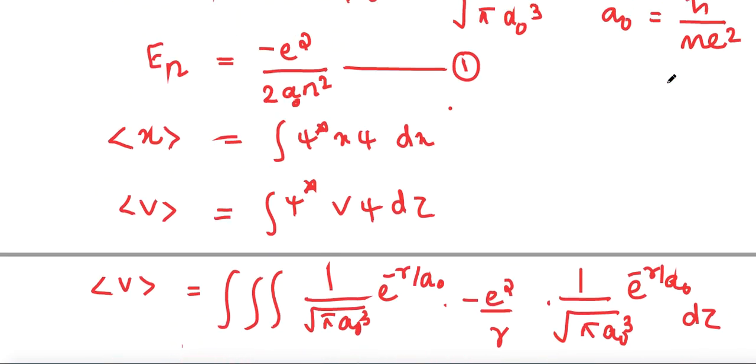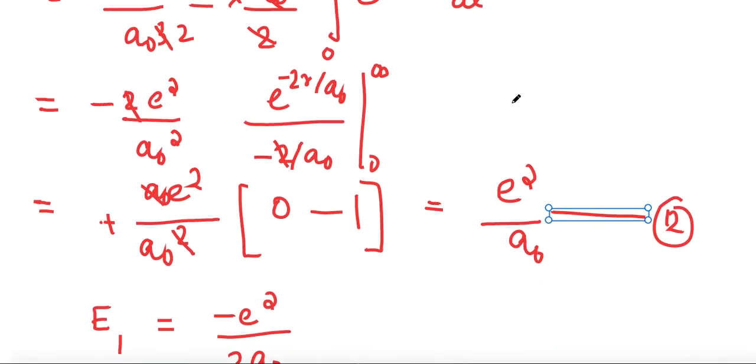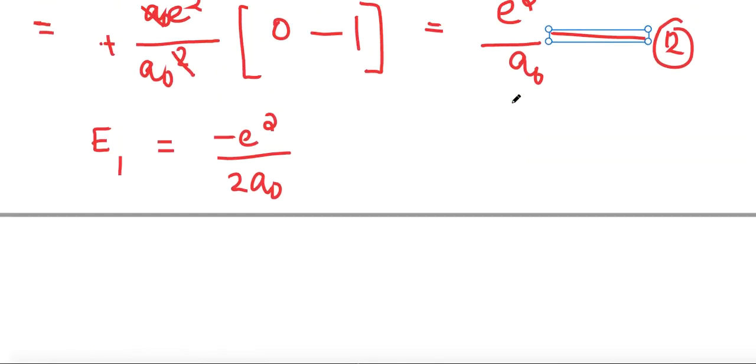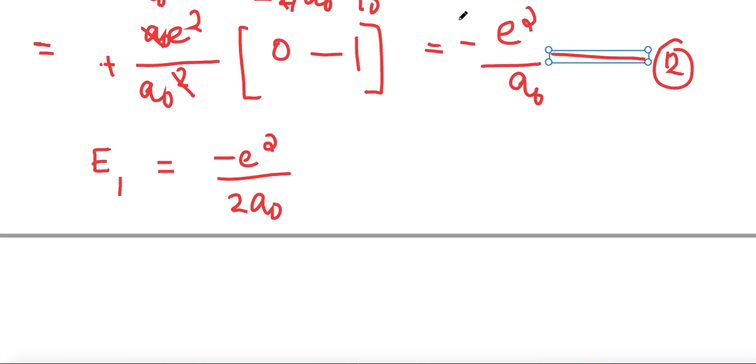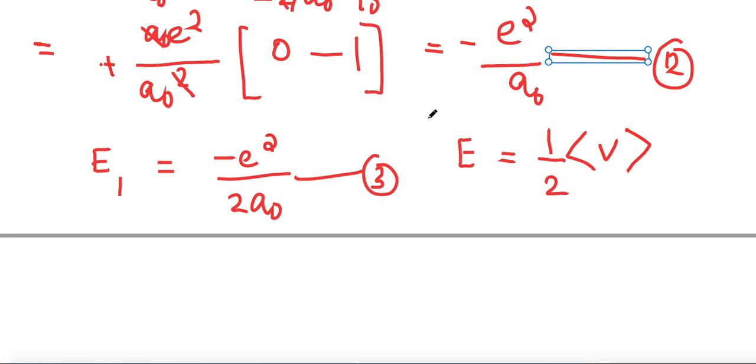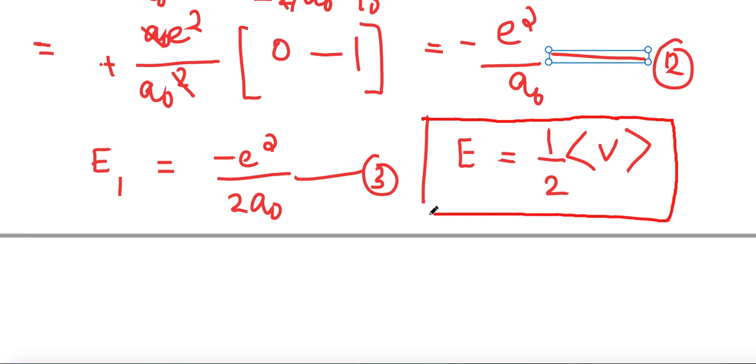So for n equal to 1, this is minus e square by 2a0, and the potential energy expectation is minus e square by a0. Comparing these two, we get that the energy is equal to half times the expectation value of potential energy. This theorem has a name. This is known as the Virial theorem.